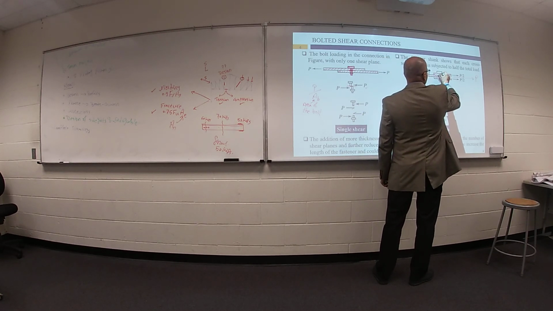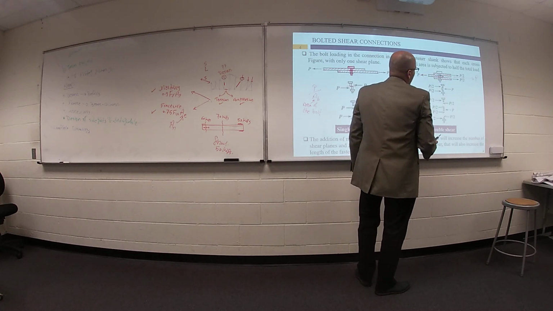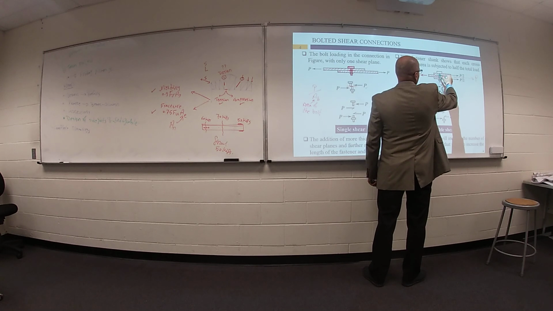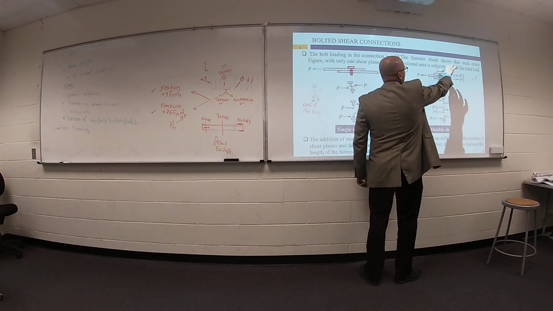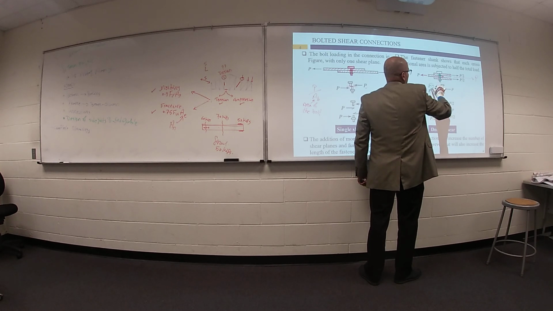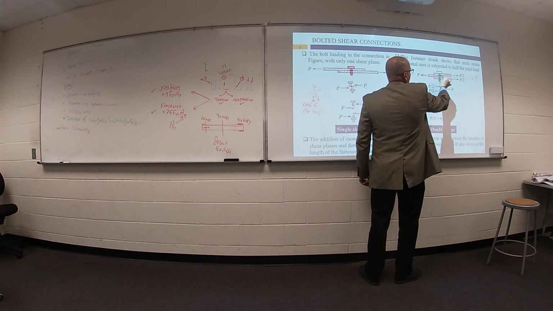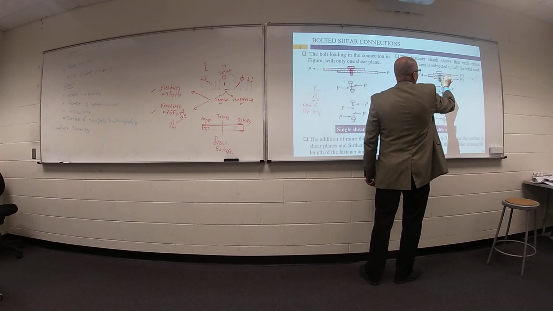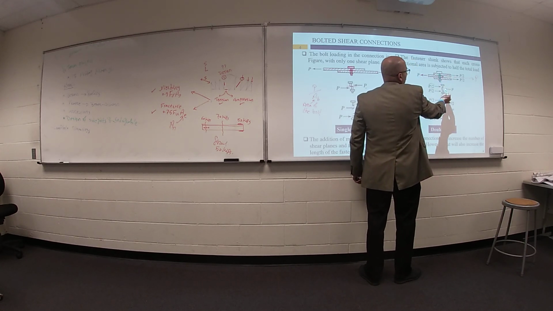Maybe this one and maybe this one. If you draw your free body diagram of the bolt, the upper part is under the effect of P divided by 2, the lower part under P divided by 2, and the middle part under P.